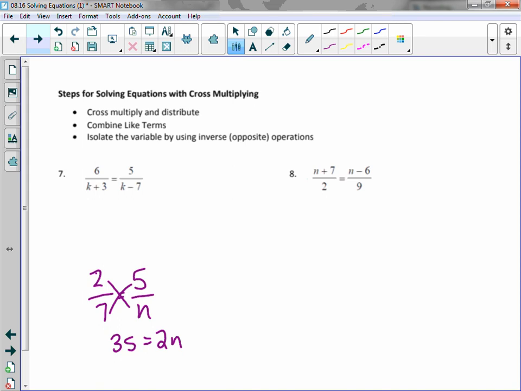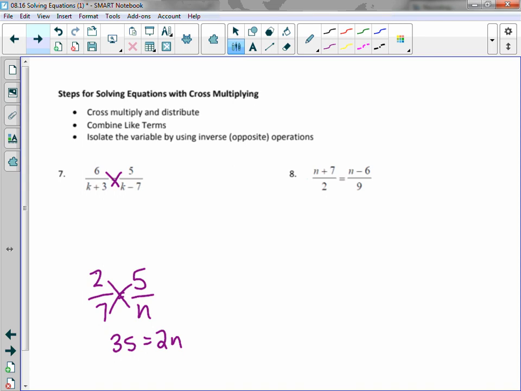Cross multiply and divide. We're going to do the same thing, but instead of it being a single constant or a single variable, I've got k plus 3, which means that when I multiply 5 times k plus 3, it has to go to the entire thing, not just the k, not just the 3, all of it.